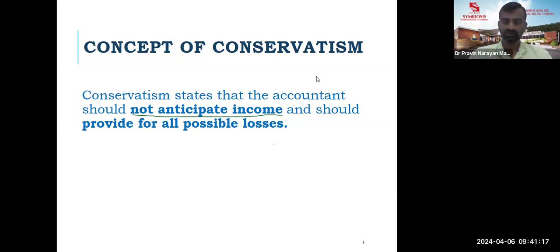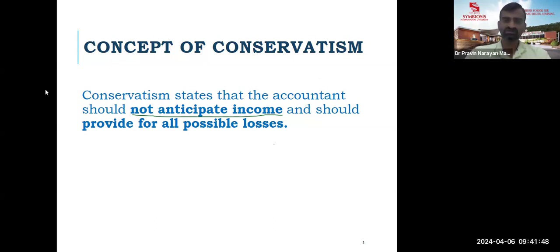So suppose within 1 year that equipment's life is getting over, you have to consider that particular expense in your books. Are you able to understand what I mean to say? You can say yes or no in the chat box, or you can unmute, and if you have any doubt you can raise it.